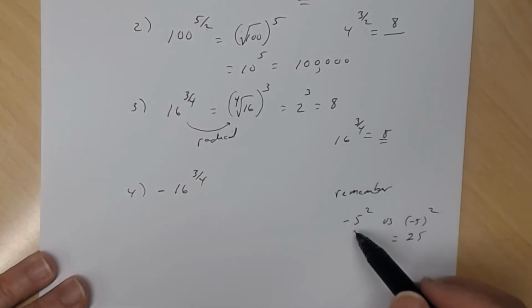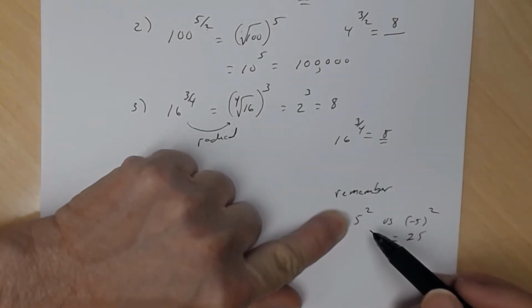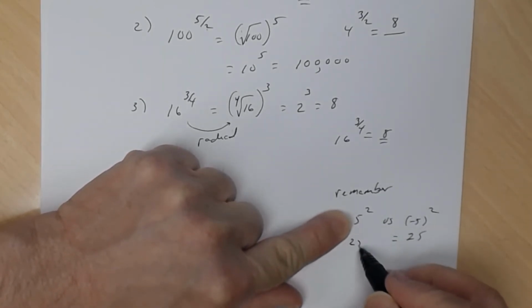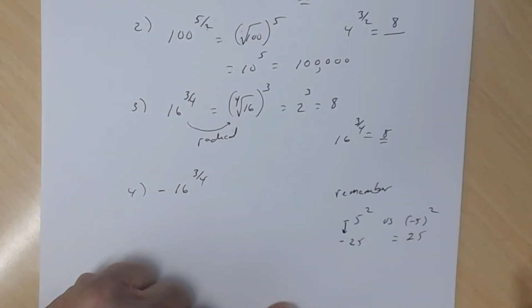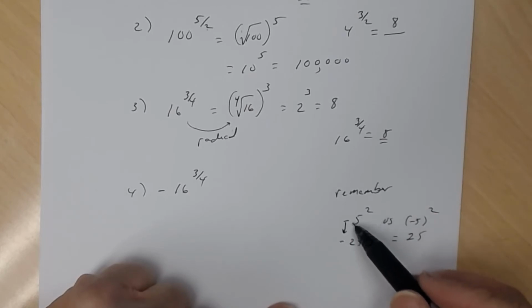In a previous course, you learned that if there's no parentheses there, then the only thing being squared is this 5 right here. So if you cover this negative symbol, then 5 squared is 25. But you're taking the opposite of that, so that's a negative 25. So if there's no parentheses, the 5 is the base that's being squared, not negative 5.